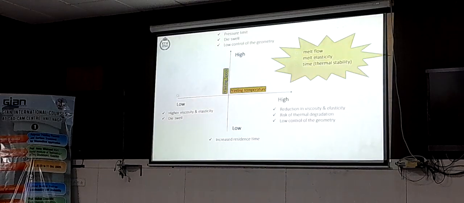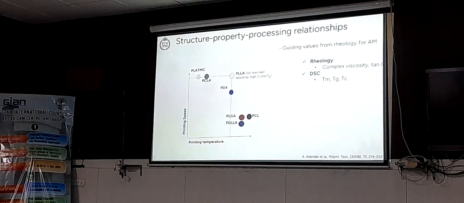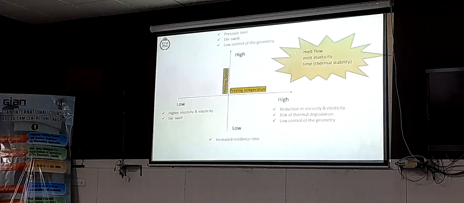But if you have a lower temperature, you will get a higher viscosity and elasticity, and if possible in your printer, you can adapt the pressure. But in our case, normally we use maximum pressure, so we cannot actually decrease the temperature more. And you will also risk die swell if you have a lower printing temperature.